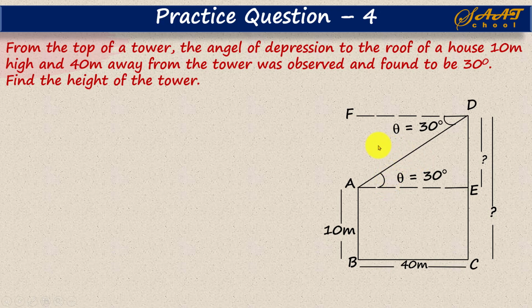So you have to just follow exactly what we did in practice question 3. Again, these sides are equal, that's why this is 40. Now you have to find this DE. Once you find this DE, then we sum this DE and EC, which will be equal to the whole CD. This is what we did in practice question 3.